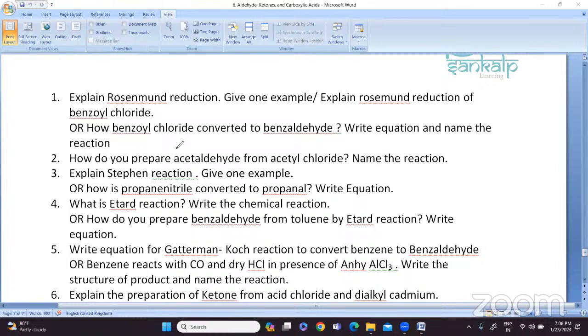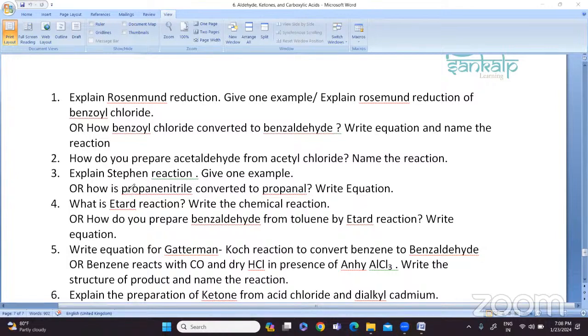Fine. Rosenmund reduction. Can you tell me what is Rosenmund reduction? What is the answer expected here? Explain Rosenmund reduction, give an example; explain Rosenmund reduction of benzoyl chloride; or how benzoyl chloride is converted to benzaldehyde, write equation and name the reaction.